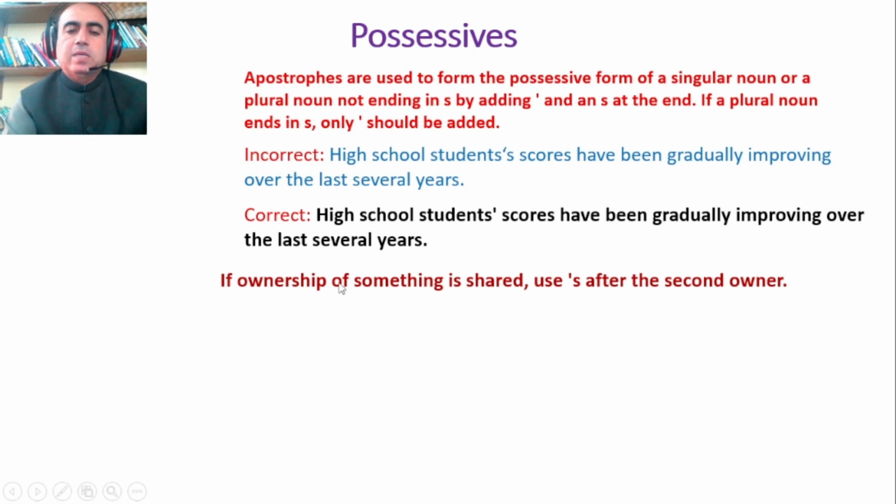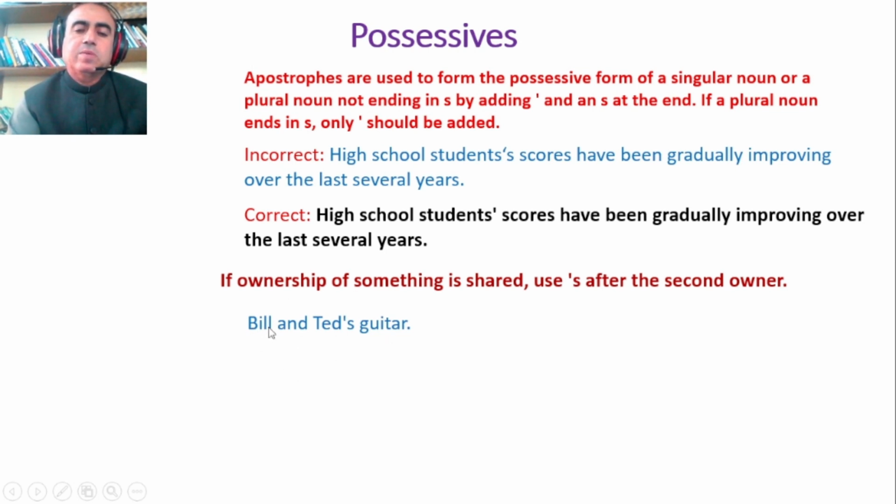Another example is if ownership of something is shared. If the owner of something is shared, we use the apostrophe after the second one. Here is the case: Bill and Ted's guitar. It means this guitar is shared by Bill and Ted. Apostrophe s would be after Ted only. We cannot put it with both.